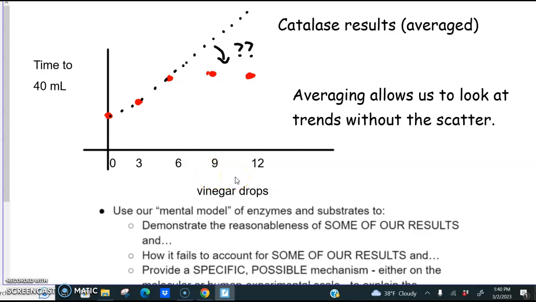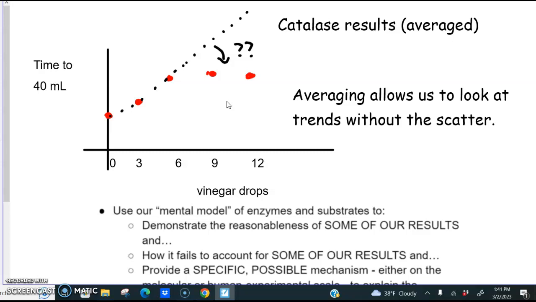Now, one more thing you should know is that we spent one whole class period brainstorming ideas and testing out ideas to see if there were one or more or several different possible explanations for this discrepancy. And students walked away with a table of those possibilities. So I want you to know we've been scaffolding this virtually every day for the last week and a half that we've been together.